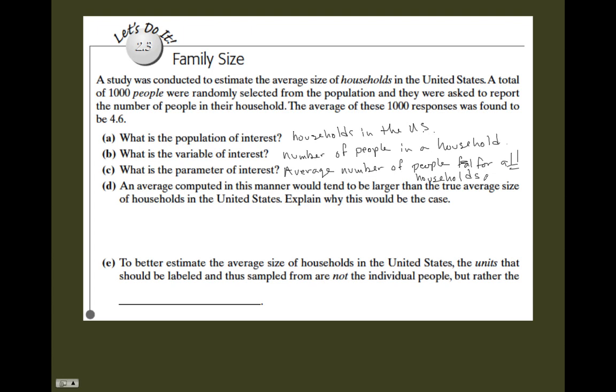Explain why this would be the case. So why would this sampling method tend to inflate our estimate of the true average size?